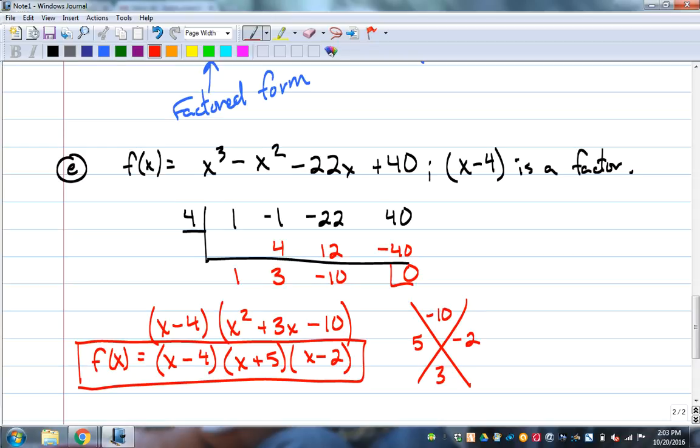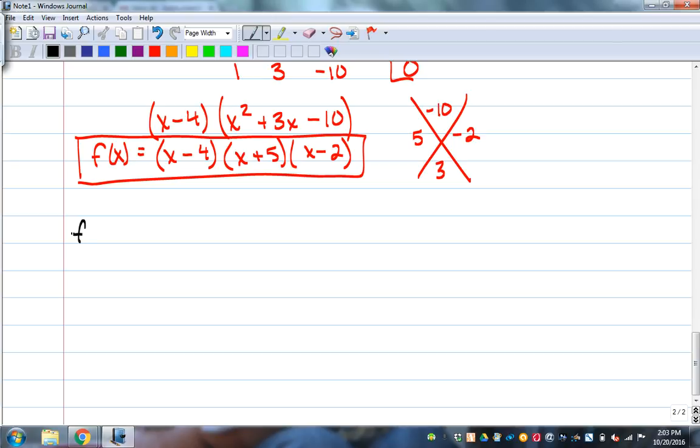All right. Let's do one more of those, and then we'll get to the last thing we'll do today. Let's do this one. f of x is equal to 3x to the third minus 4x squared minus 28x minus 16.